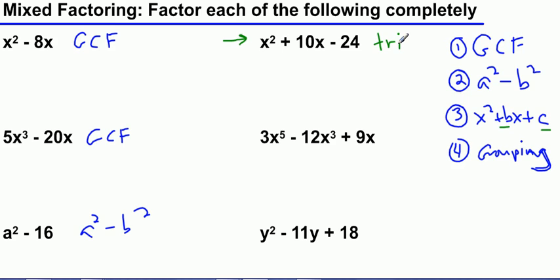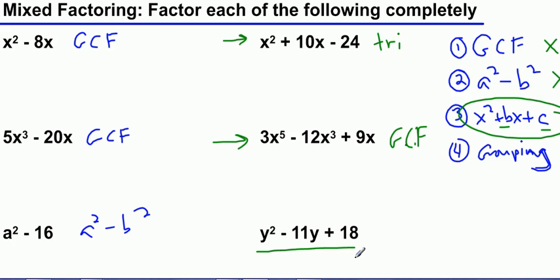This next one down here, I can see a common factor, so I'll say GCF. My pen's still giving me trouble, but we'll do the best we can. And then this next one, it's not a GCF, it's not a difference of squares. It does fit this pattern again. I didn't put any grouping on in this video just because they're a little bit less common in general, and they stand out as four-term polynomials.